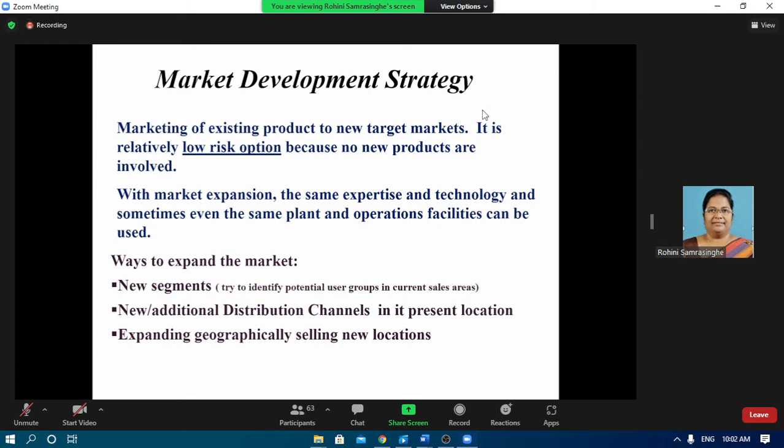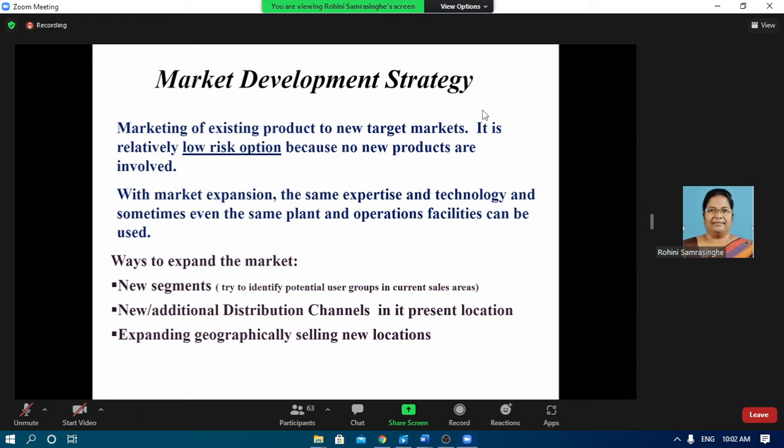They motivate people to go to different markets, especially within the COVID situation. You can understand how a company builds different and additional distribution channels in present locations. That is a very important thing to understand relating to the market development strategy.